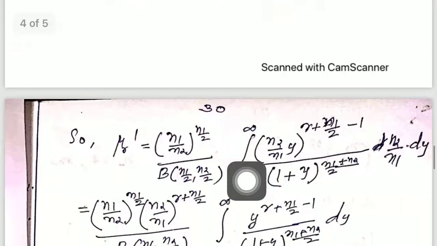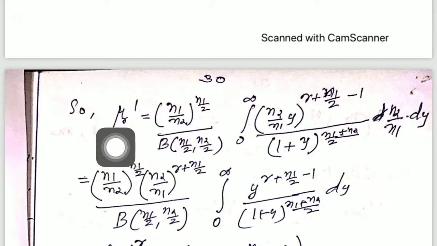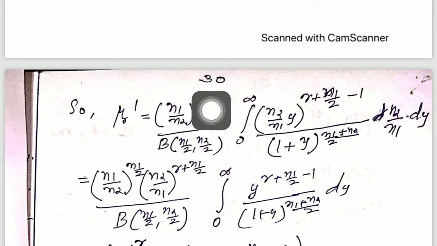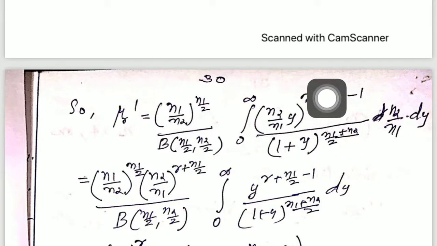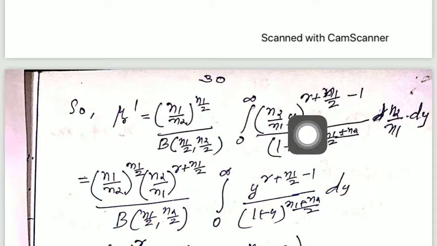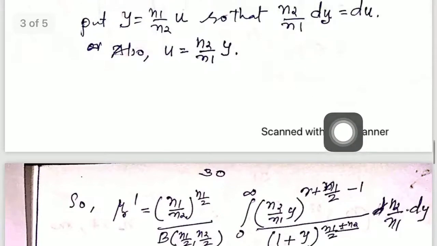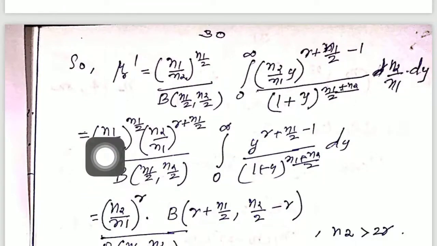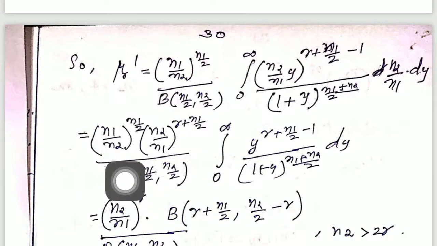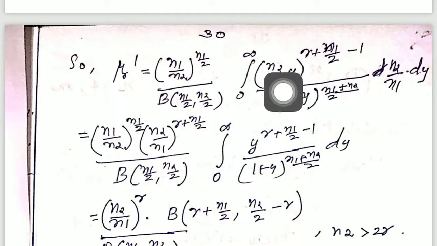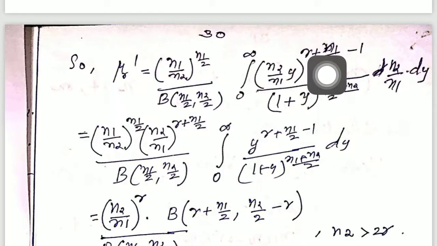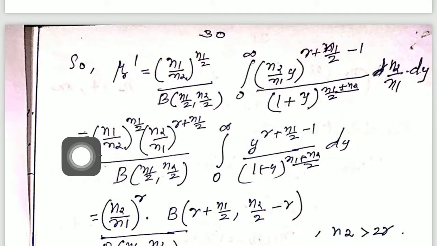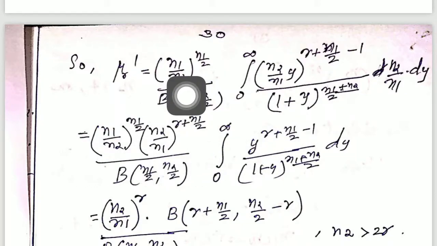You make this substitution in the integration, so that you will get this mu r dash, that is the expectation of u to the power of r, equal to the constant which I have already taken out, into the integral from 0 to infinity of this integrand which I have made by putting these substitutions. And finally, this n2 by n1 to the power of this quantity you also take outside, and here there is a term of n1 by n2, and you combine all these things.